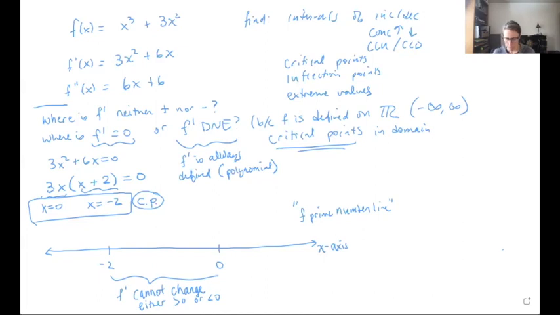So if I said that the derivative is positive here, what do we know about the value of the derivative at another point? If I tell you the value of the derivative is positive at this point A, what do you know about point B? What's the derivative at point B? It also must be positive. So what this means is you pick your favorite point on that interval as a test value.